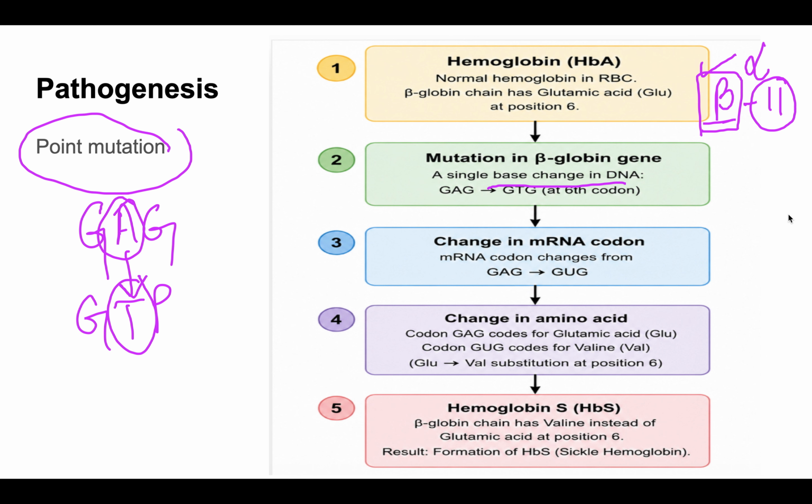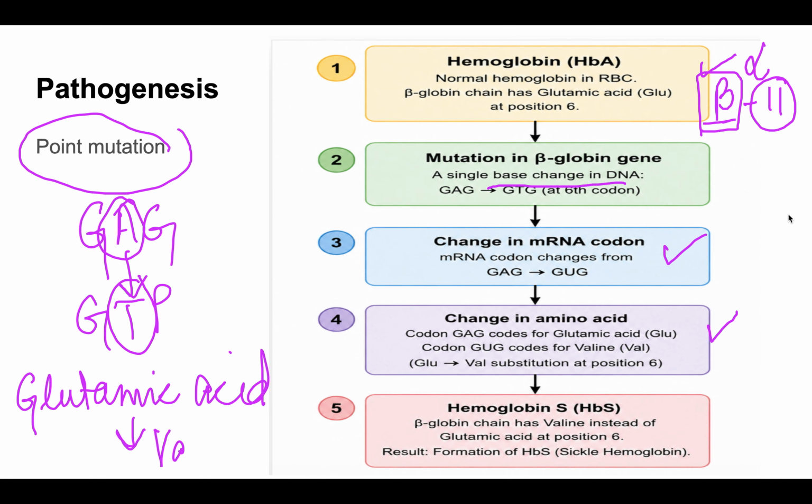When the DNA change is there, it will change in the mRNA also, and there will be a change in the amino acid also. The amino acid which was encoded earlier in normal hemoglobin was glutamic acid, and now this is replaced by valine. This valine creates the problem.